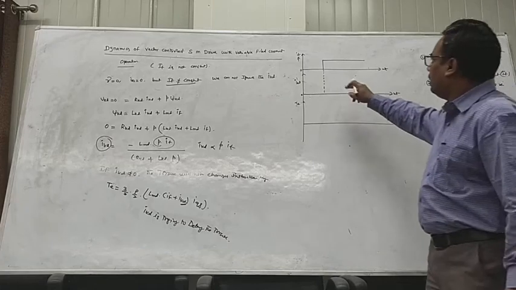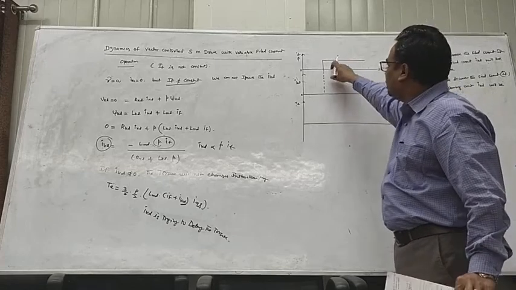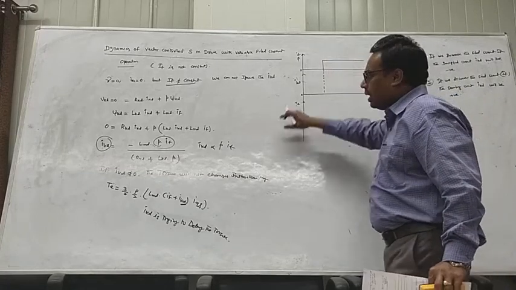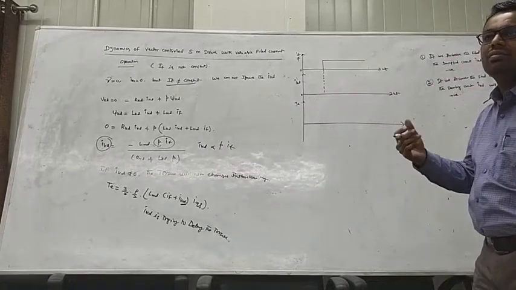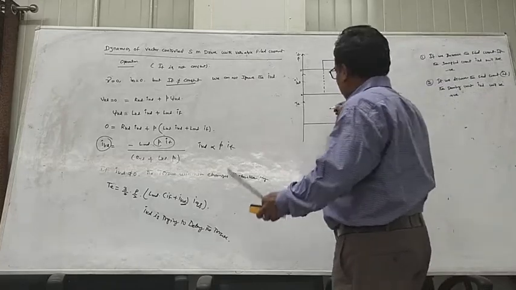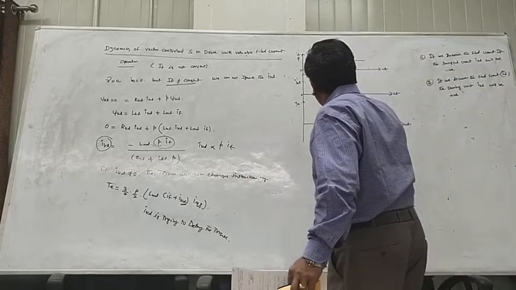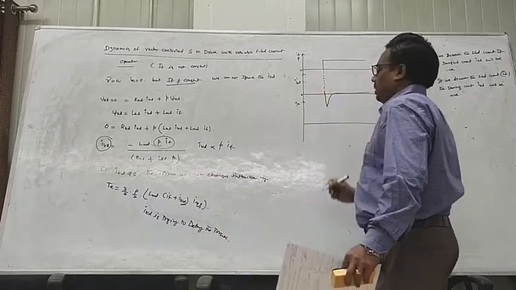What we are doing here is step response, the field current is increasing. Because IKD is a function of the differentiation of your IF, it will give some negative peak value. Now it will respond.